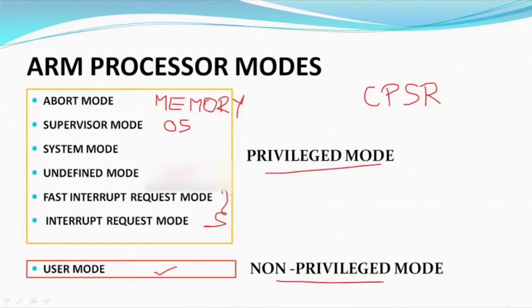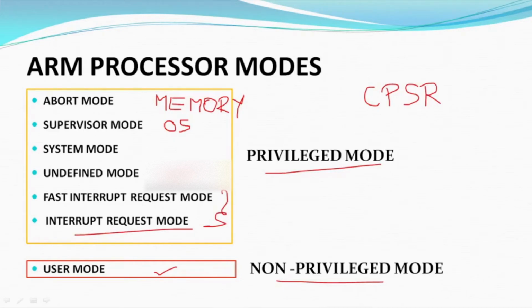If the request which is made is of high priority, then ARM handles it as a fast interrupt request, hence it will jump to fast interrupt request mode. If it is some standard request, not a very high priority one, some normal low priority request, in that particular case ARM jumps into interrupt request mode.